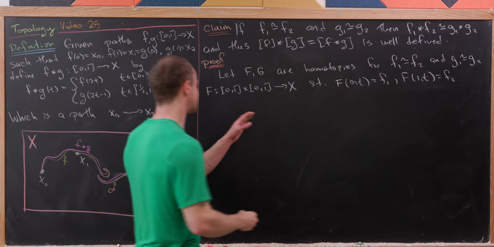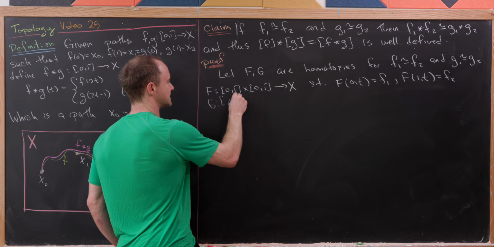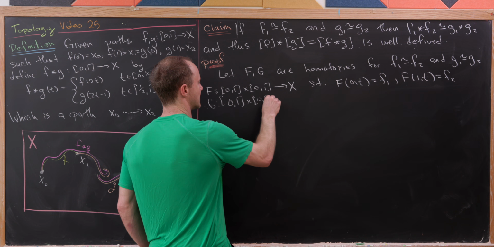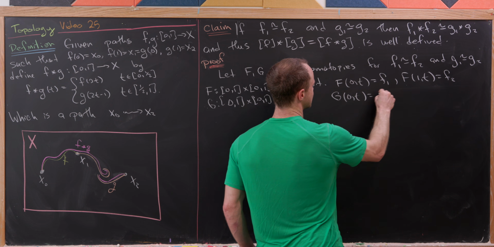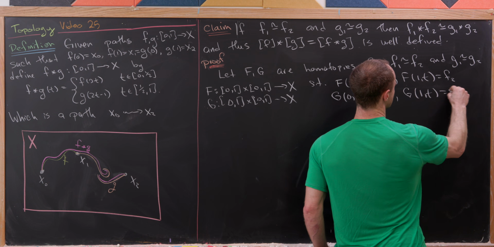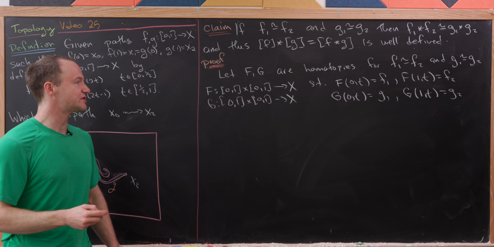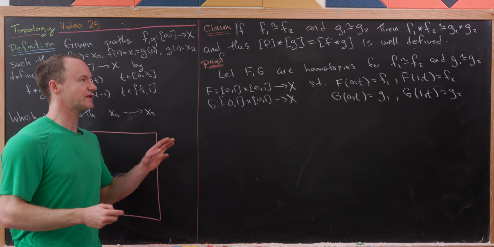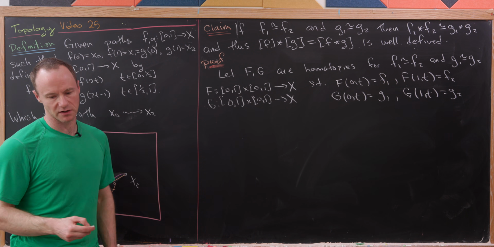And a similar formula for our G: G goes from [0,1] cross [0,1] into X, and we have G(0,t) is equal to g1, and G(1,t) is equal to g2. So we somehow want to glue these two things together into something that will be a homotopy for f1 star g1 and f2 star g2.